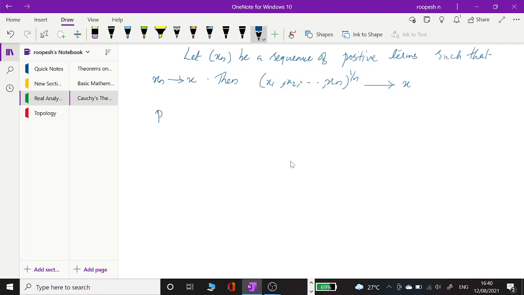So proof. First we will make use of the inequality of geometric mean, arithmetic mean and harmonic mean.